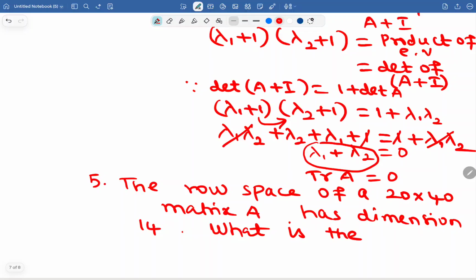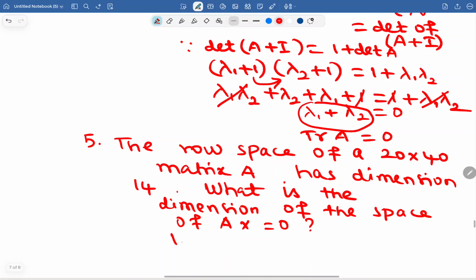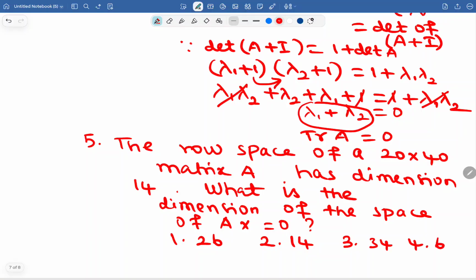What is the dimension of the space AX equal to 0? First option 26, second one 14, third one 34, fourth one 6.